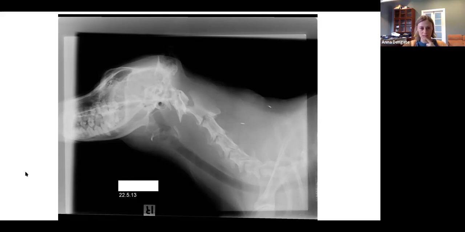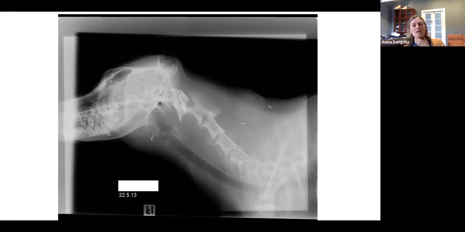So this looks like a really sharp little fragment of bone, and you can see that it's a stick of bone. The food's going to move around it. The water's going to move around it. This dog can be getting things into its stomach, but it's definitely going to be causing irritation in that area. My experience is that proximal esophageal and laryngeal, pharyngeal foreign body injuries cause so many more clinical signs than a distal esophageal foreign body injury.